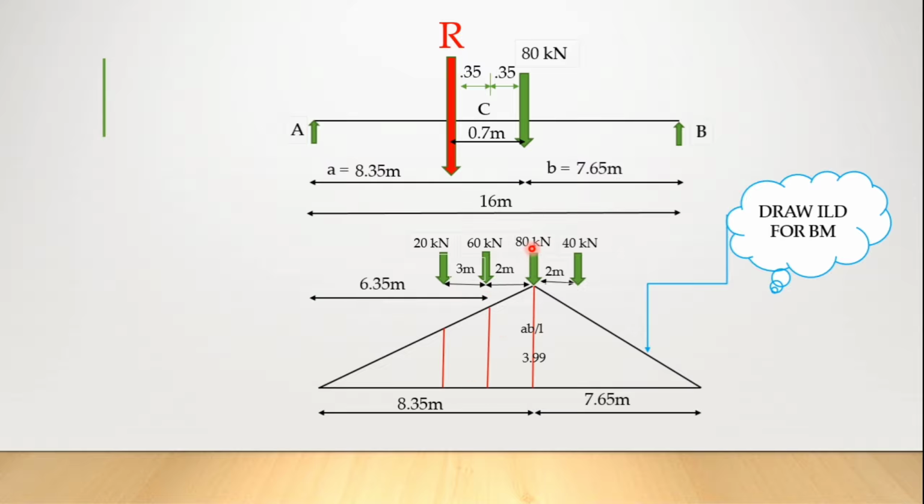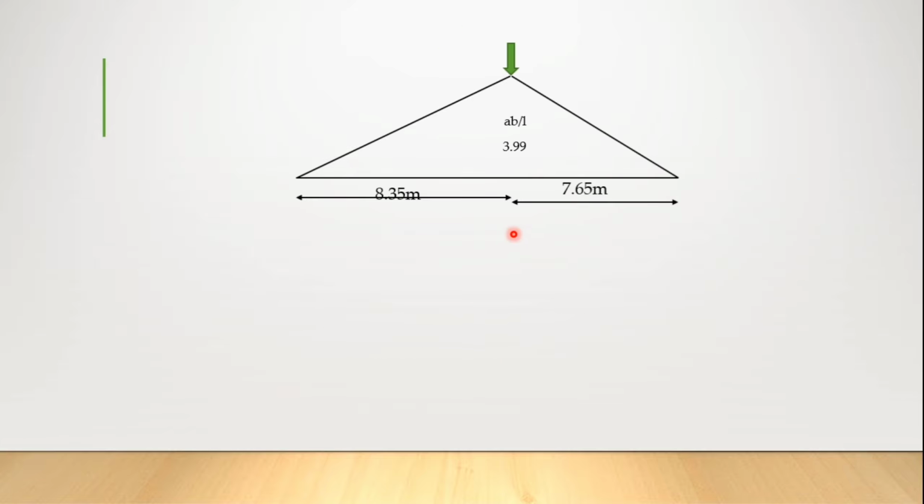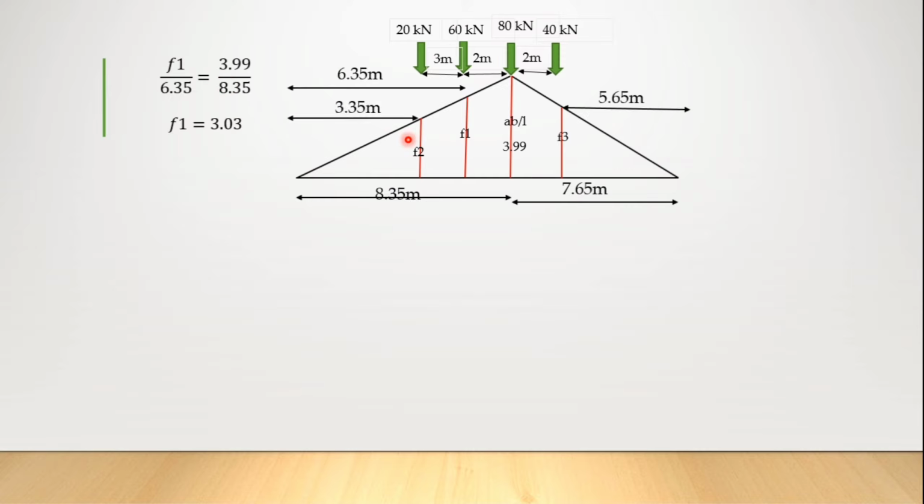Now you see, under 80 kilonewton we know the value of the ordinate. Under the other loads we have to find the value of the ordinates, so we can use the concept of similar triangles. Under 60 kilonewton we have F1, under 20 kilonewton F2, under 40 kilonewton F3. By using similar triangles we can find F1.